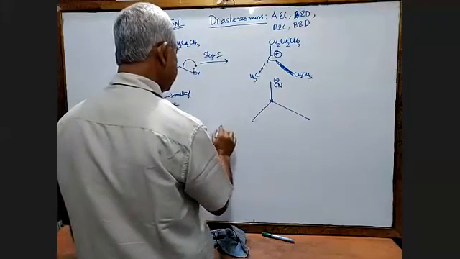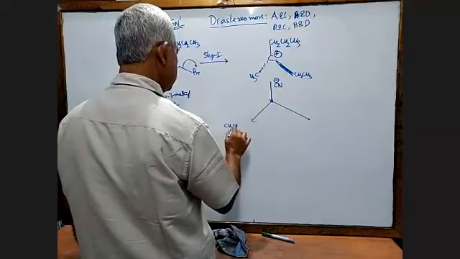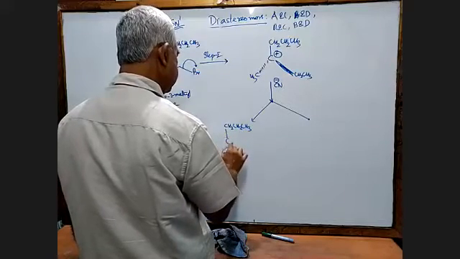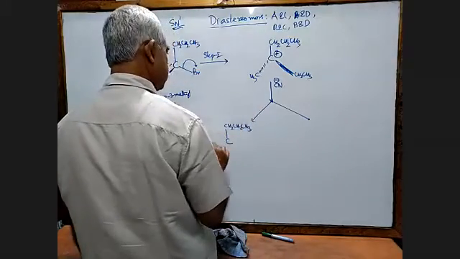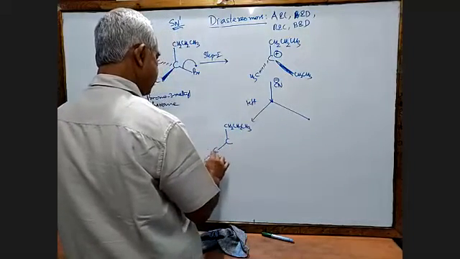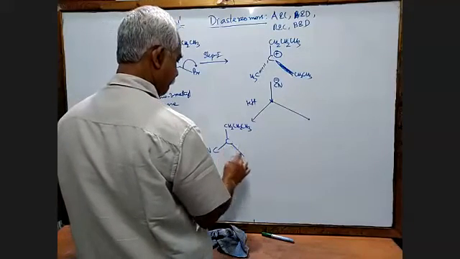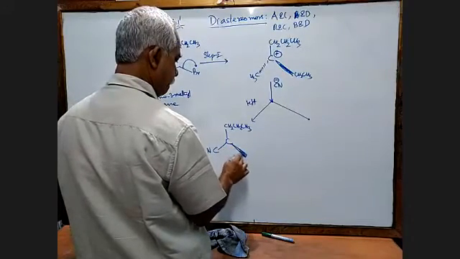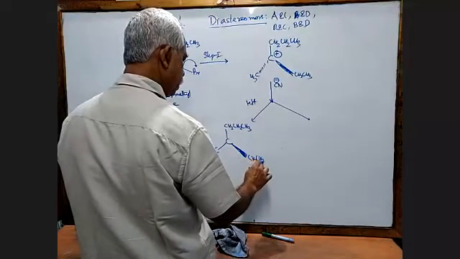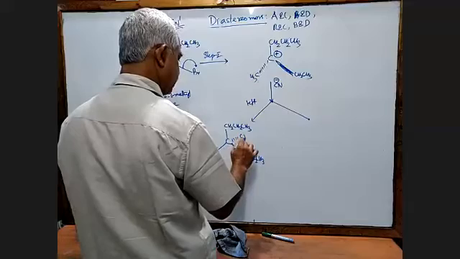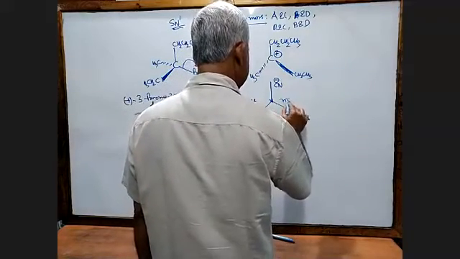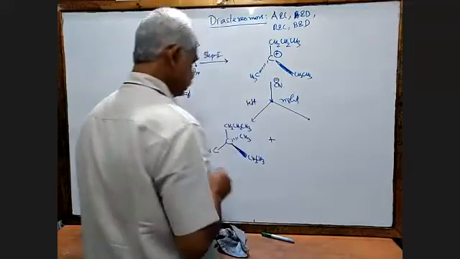So right now here, CH2, CH2, CH3. This is left, so in that case, cyanide will be here. So it will be CH2, CH3, and this is C. Now this is right.